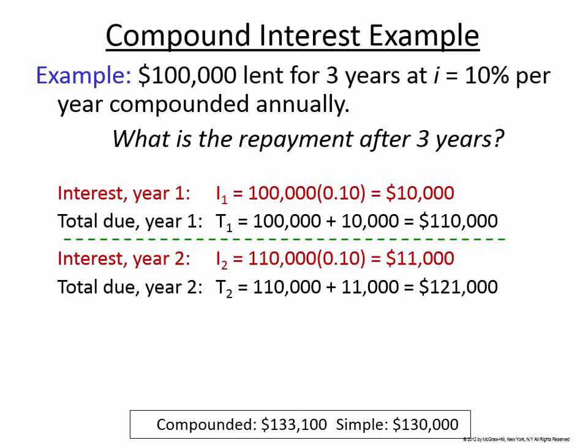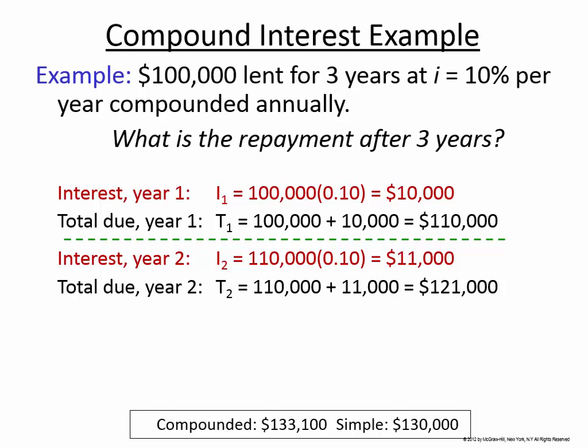But that's not true at the end of year 2, because at the end of year 2, you owed $110,000 previously, and so this $110,000 is what they're multiplying the interest rate by. And so you can see that although you only owed $10,000 in interest during the first year, now you owe $11,000 in interest because you have to pay them the interest on the original amount that you borrowed, and so that's where the $10,000 is.